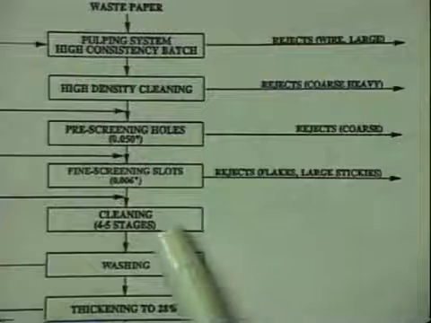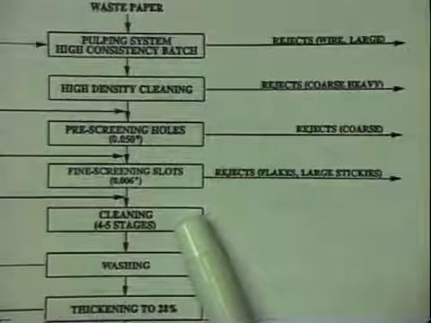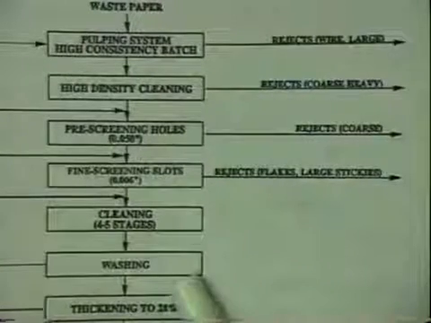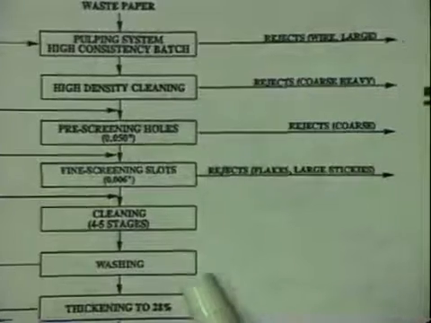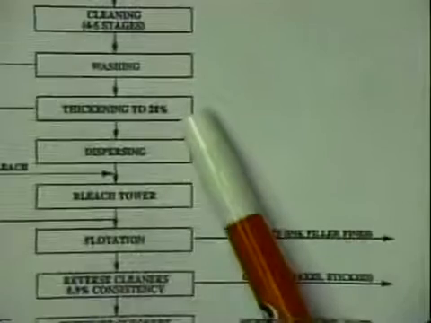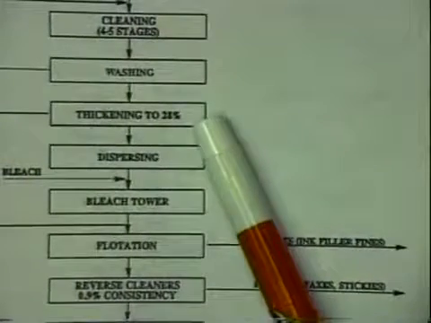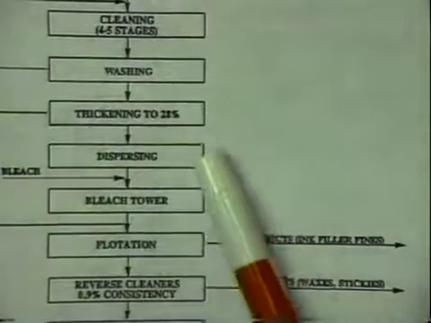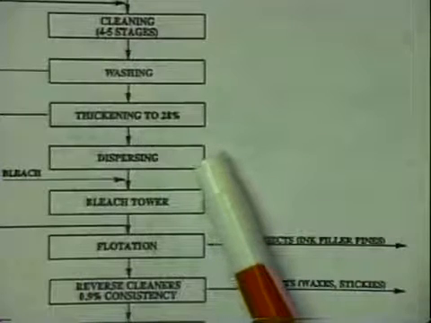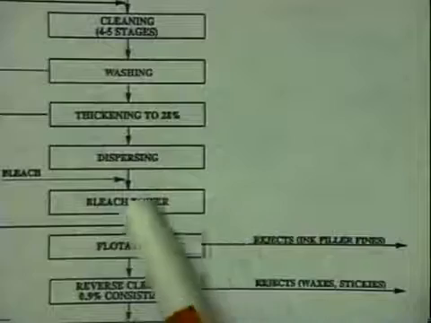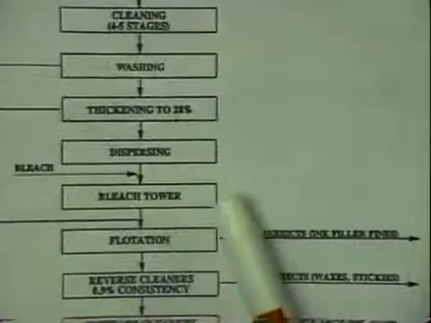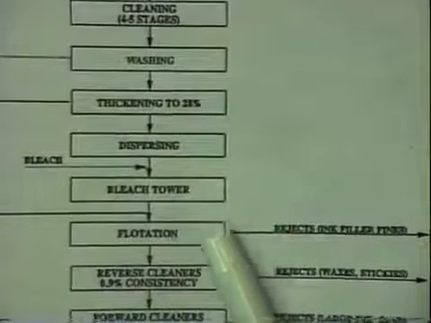And then we're going to do forward cleaning, get rid of some dirt, maybe a little bit of ink. Then we're going to do washing, where we're removing some of the ink particles. Then, in this case, we're thickening to about, it says, 28% consistency. Then we're going to be doing dispersing or kneading at that higher consistency. Again, we're going to add some bleach, and we're going to go to our bleach tower and do bleaching.